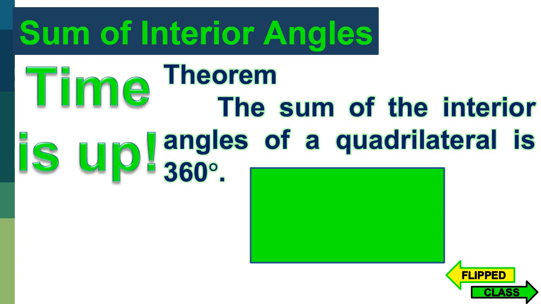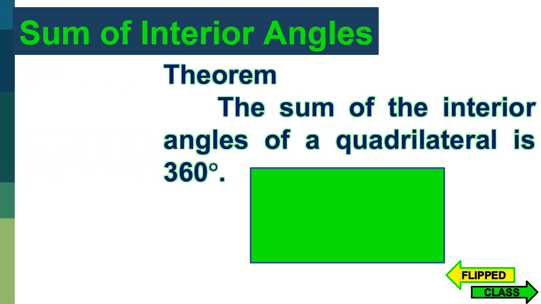Okay, time is up. When we prove this theorem, we look at it as a simple polygon which is composed of two triangles. When you draw a diagonal, you make two triangles here. And take note that the sum of interior angles of a triangle measures 180 degrees.